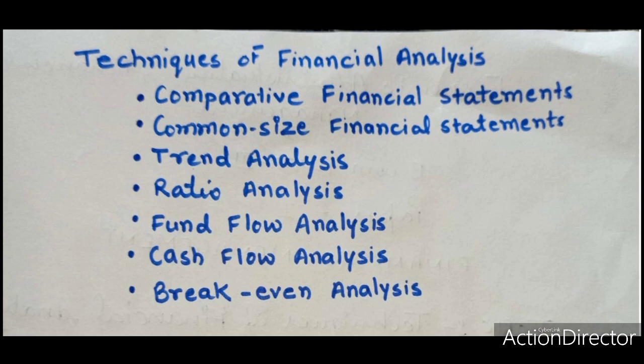It is the point of zero profit and zero loss. It guides the management to determine the optimum level of output where costs and prices frequently vary. It is an effective and efficient technique of planning and decision making. So this is it with the techniques of financial analysis.